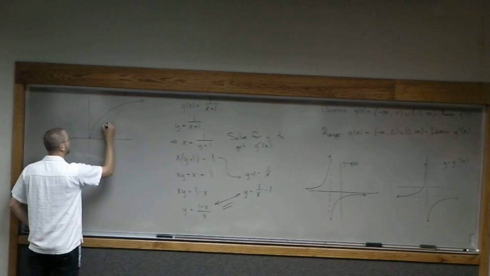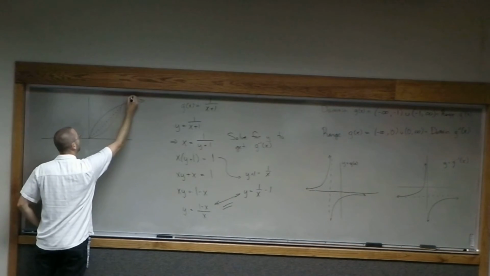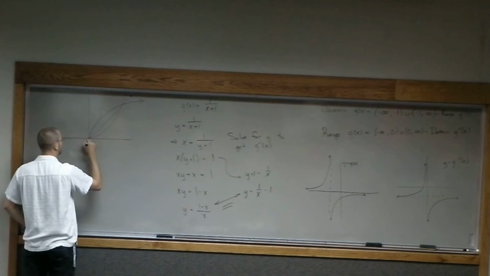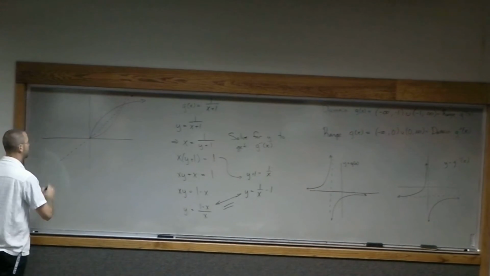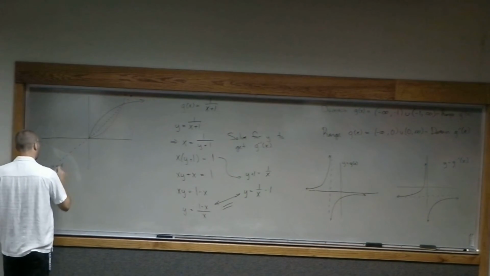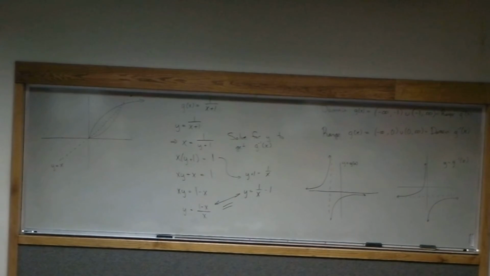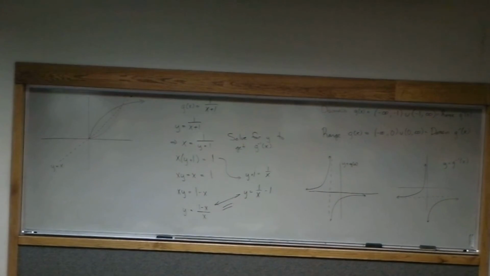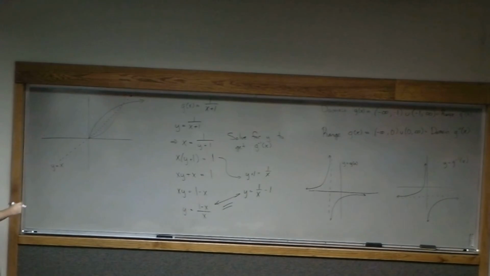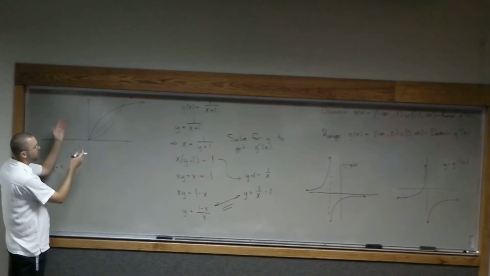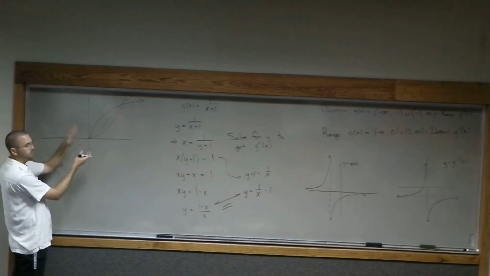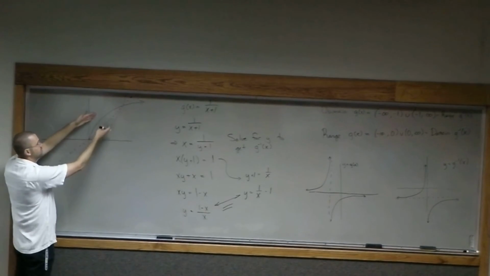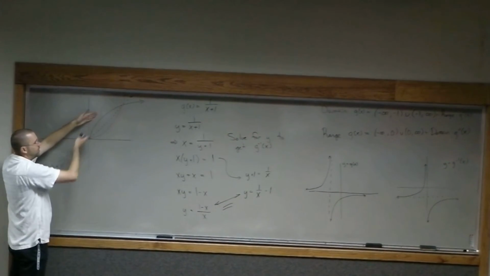One thing you'll notice, this is the line y equals x that I'm dotting in here. A function and its inverse have a nice property in relationship to this line y equals x. And if you look at the graph I have on the board and you look at the way this dotted line runs through it, hopefully you can see that the graph of a function and its inverse are mirror reflections if you reflect them along this line.